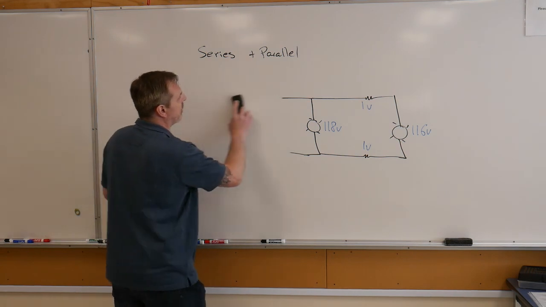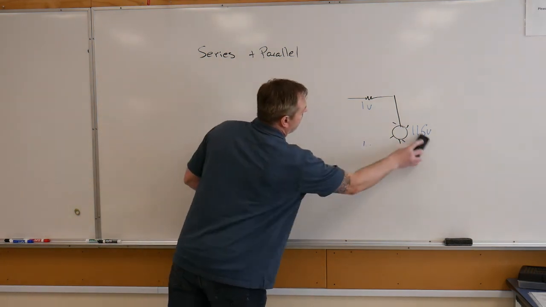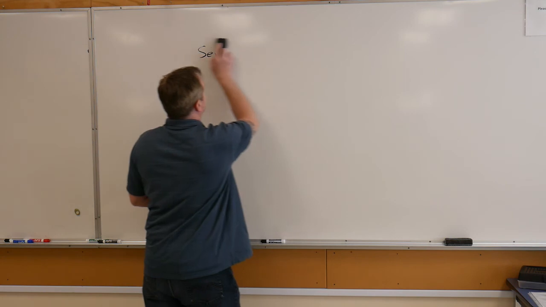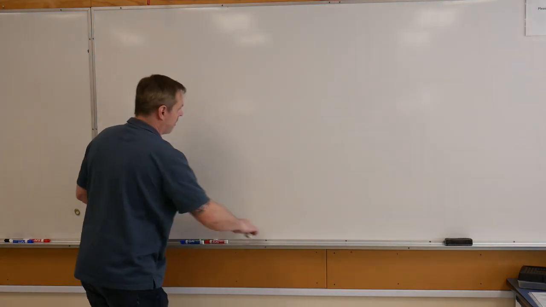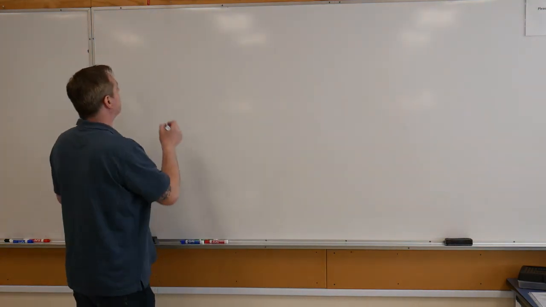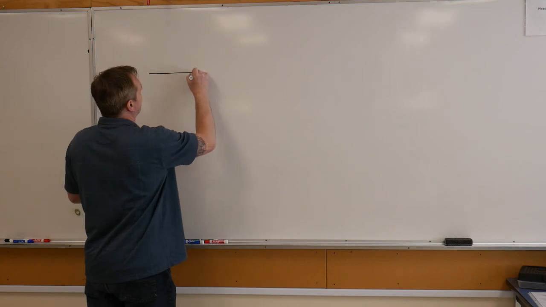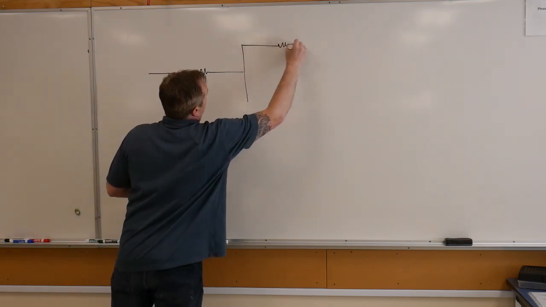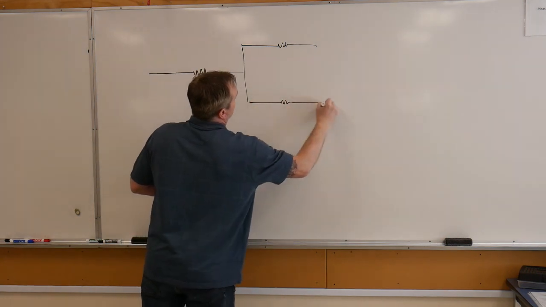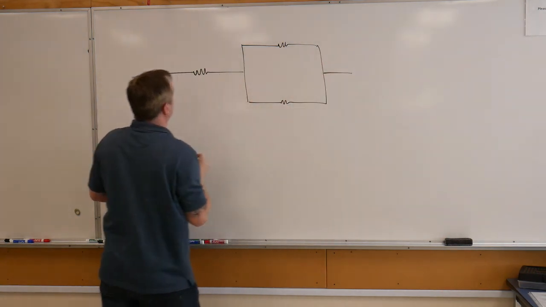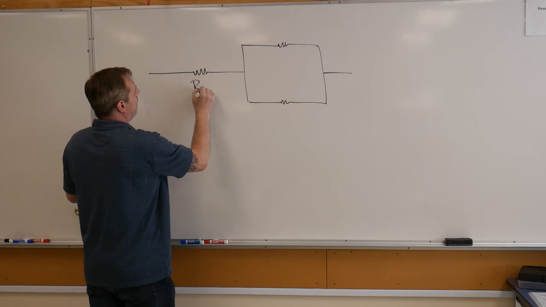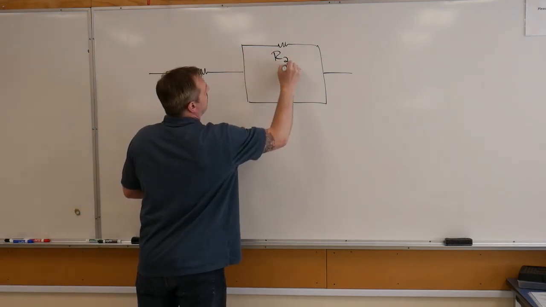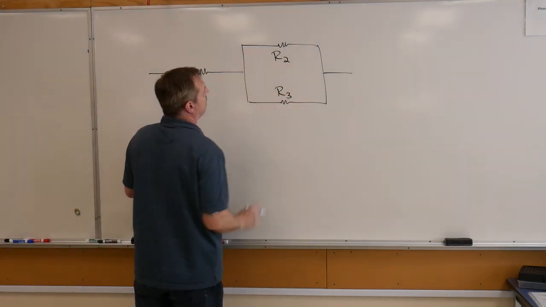So now let's break one down and see if we can get a bit of an understanding on how to solve them. Your textbook and the handouts always start with something very simple, just a circuit similar to this. So here we have R1, this is R2, this is R3.